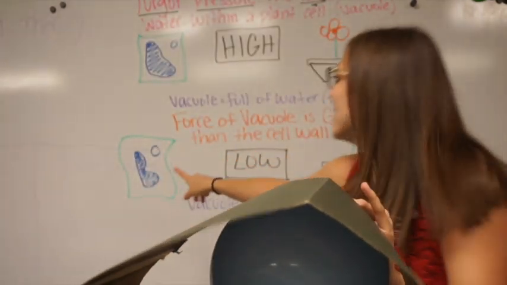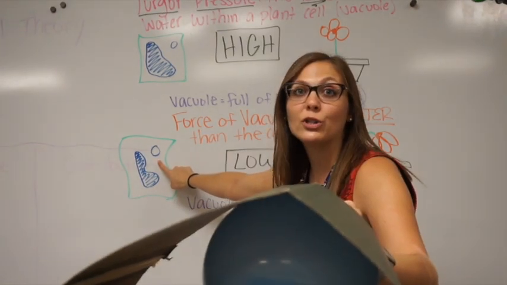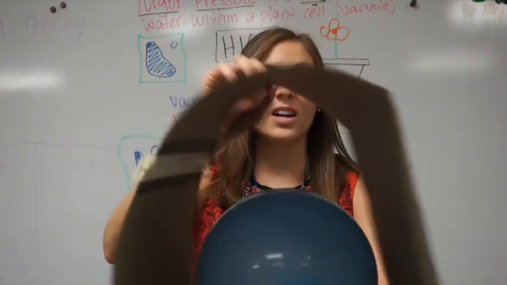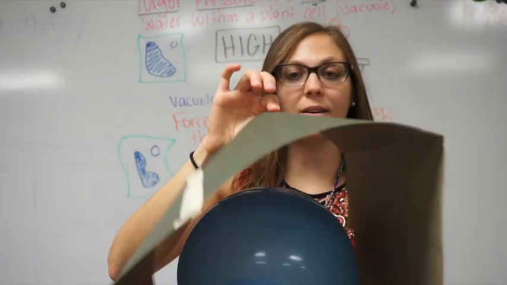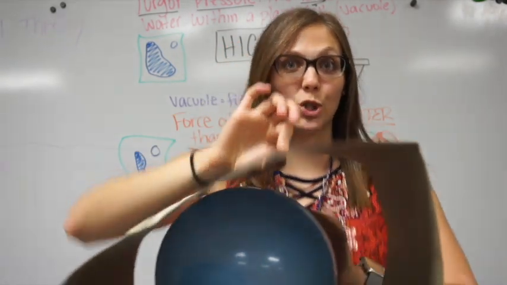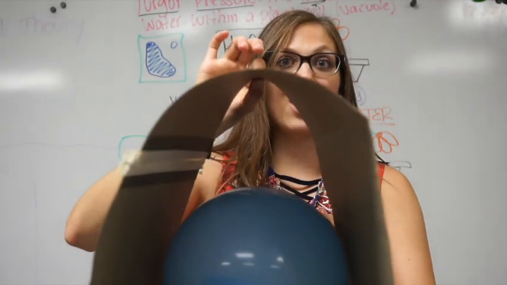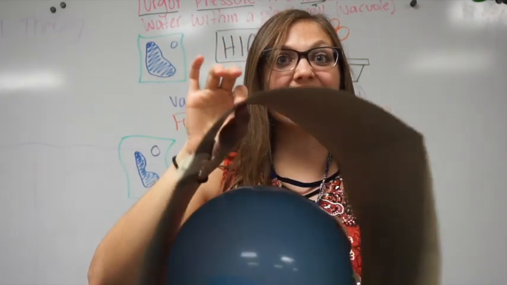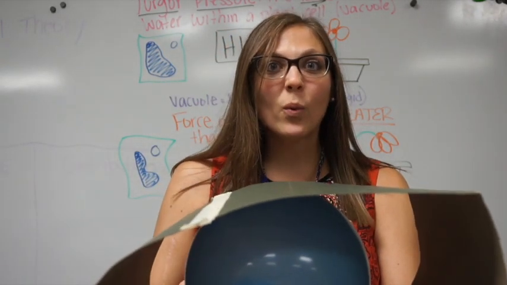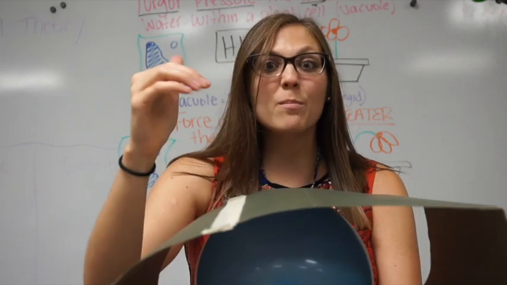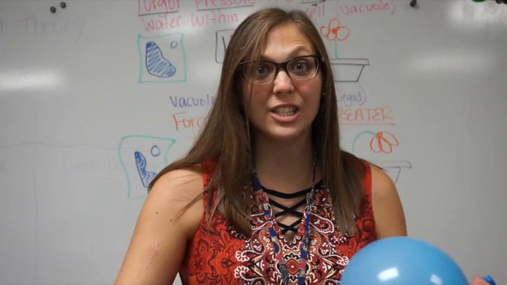And that's going to relate to my low turgor pressure. So now nothing is holding my cell wall straight and upright. Now it's pushing against the vacuole. And the more water that you release, the more that cell wall is going to push down.